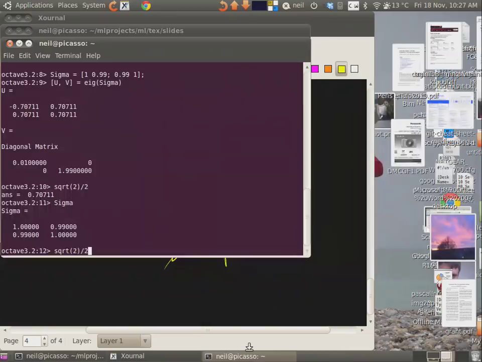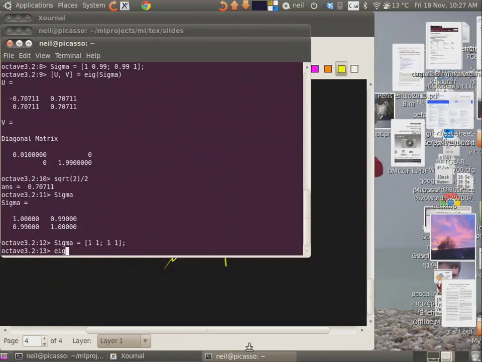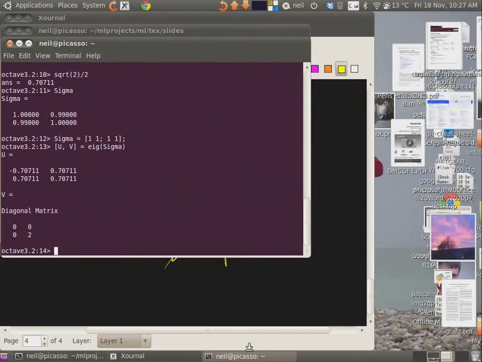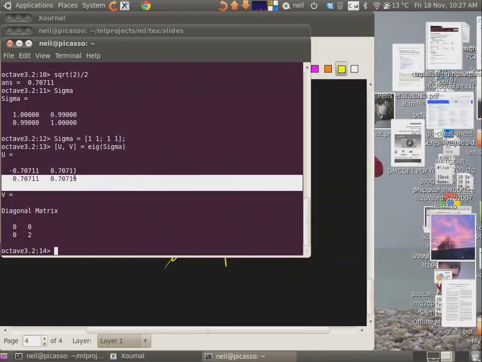If you make a covariance matrix like this, of 1s, it's not actually positive definite, it's positive semi-definite. So it only has one non-zero eigenvalue. You see this 2 here. It's only got one eigenvalue, the other one's 0. And the eigenvector associated with that eigenvalue is this one, 0.707, 0.707.